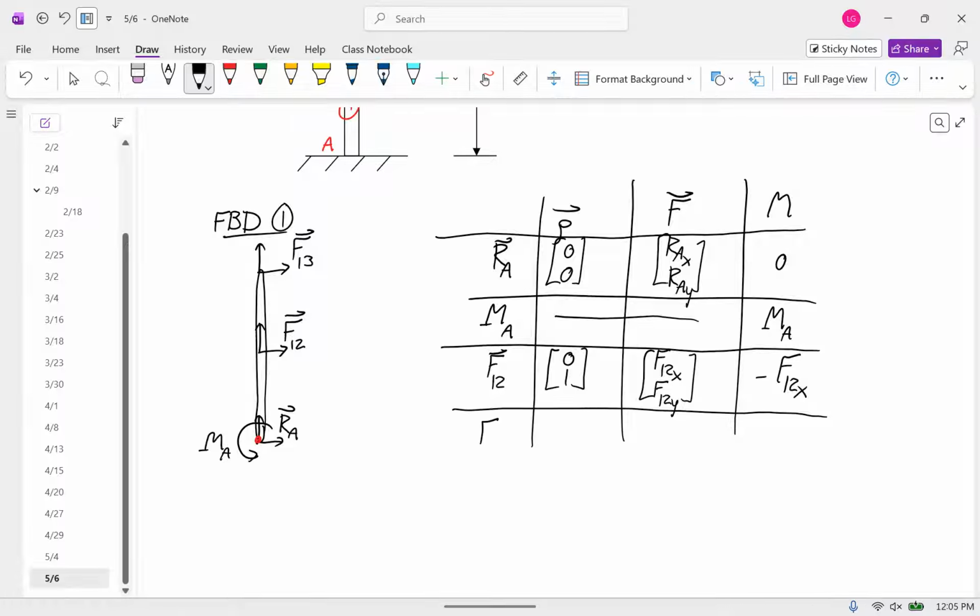And then last is the force F13. That row vector is 0, 2. Force vector is F13x, F13y. Cross product is negative 2 F13y.